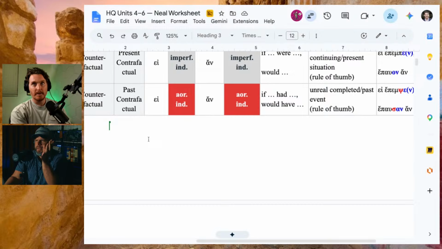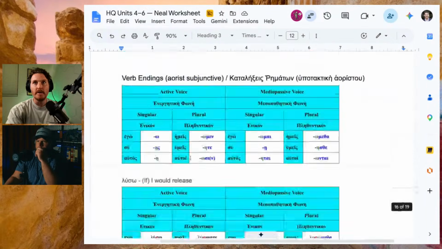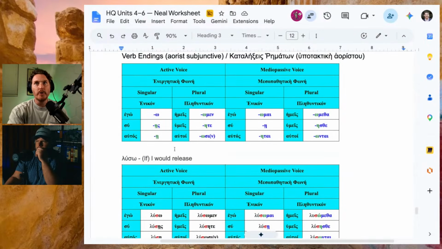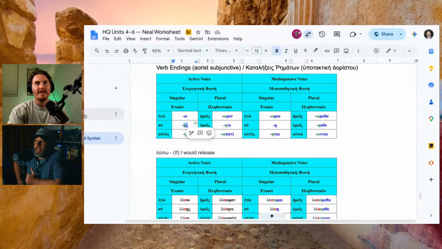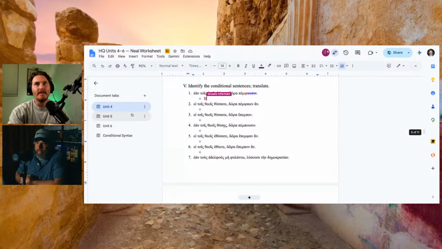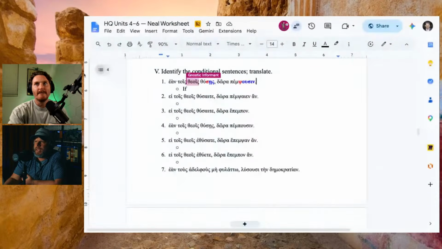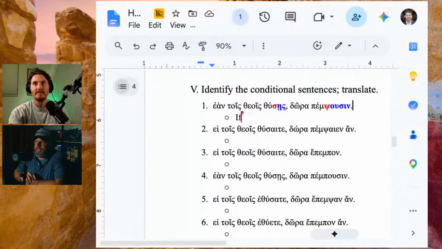Let's look at luo. You see this? If you sacrifice. Yeah, okay. Sorry, I'm just thinking he, because usually it's always he something when we do these translations. All right. If you sacrifice to the gods, which is plural, theous. If you sacrifice to the gods, they will send the gifts.